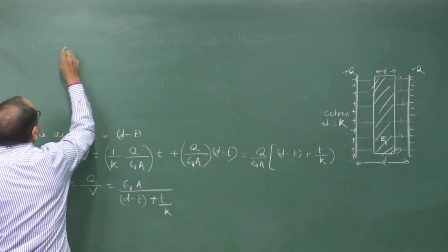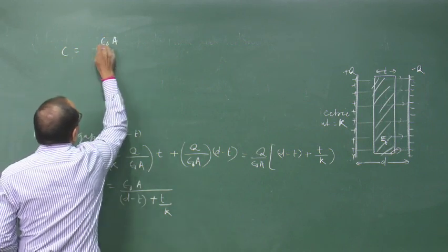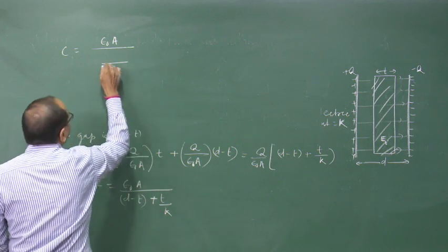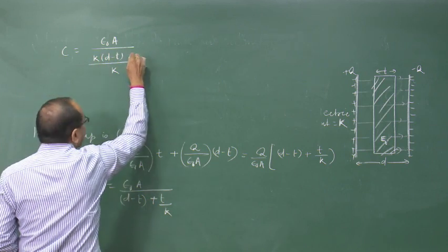Okay. So, our C we can write as epsilon naught A by, in the denominator the LCM is k, k into d minus t plus t.